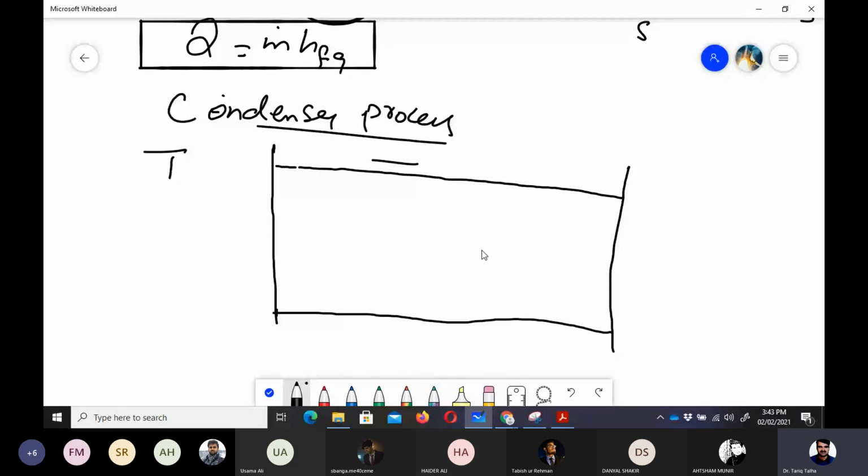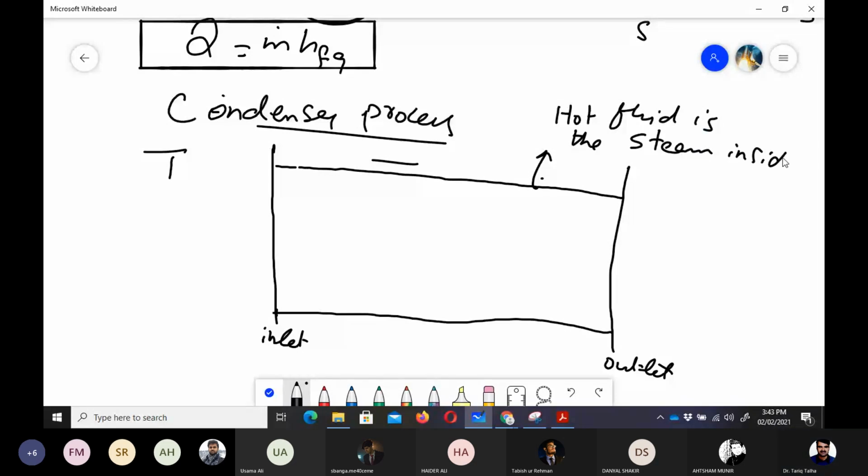So this is inlet, this is outlet. Now the hot fluid is the steam inside the condenser, and the water coming from the river or the air coming to take that heat, their temperature would increase, because the temperature of the steam is not going to change for this process, since this is a phase change process.